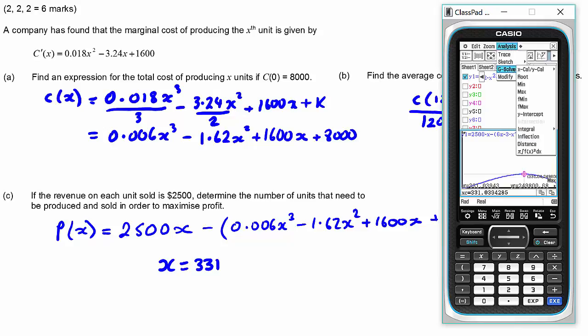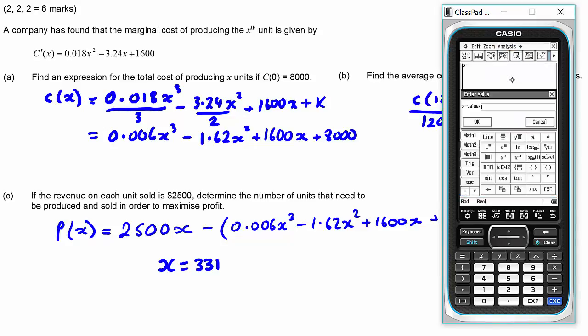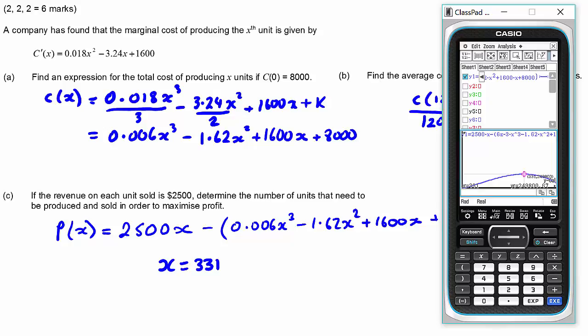So what we could do is do a y-calc when x is 331, and that gives us 249,800.674. Let's just jot it down, 249,800.674.